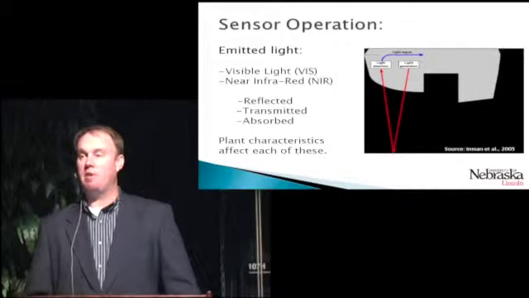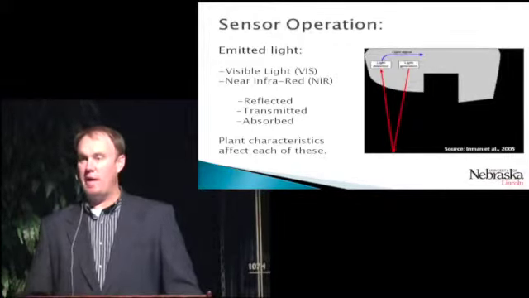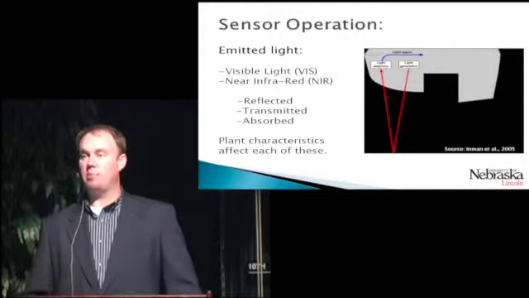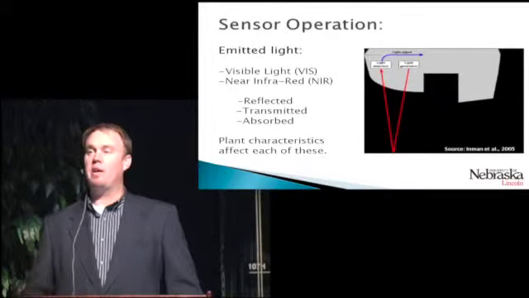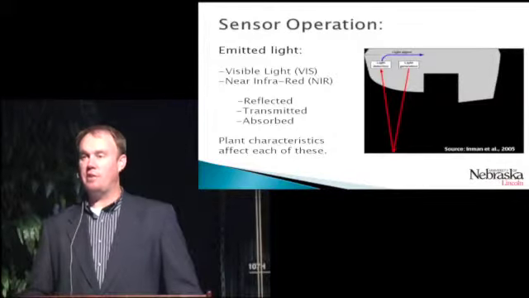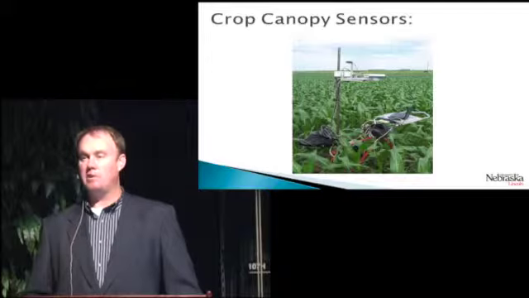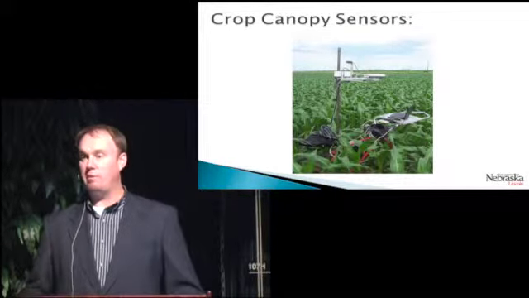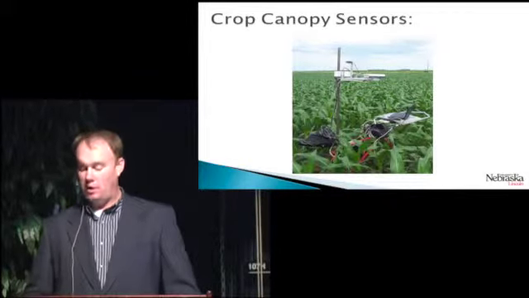We measure the amount of light that is reflected, and different plant characteristics are going to affect how much of that light is reflected. We're interested in the nitrogen status of the plant, so essentially we're interested in the chlorophyll content of the plant. A really healthy plant, in terms of its nitrogen status, will give you a different reading on the sensor than a plant that is stressed. And then you can use that as comparisons to algorithms that have been developed to apply nitrogen based on what the sensor tells us.